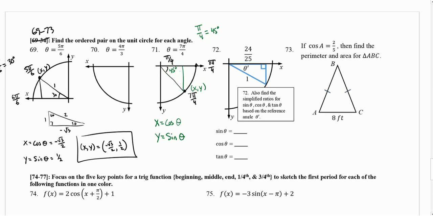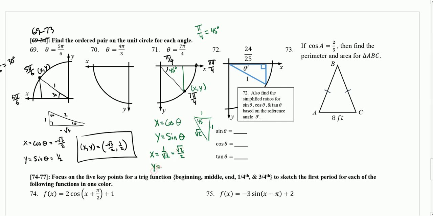So we have a 45, 45, 90. And if we draw our 45, 45, 90, we got side lengths of 1, hypotenuse at root 2, and we're in quadrant 4, so we're going to make our y value negative 1. So our cosine, which is x, is going to be adjacent over hypotenuse, so 1 over root 2, which is, multiply top and bottom by root 2, you get root 2 over 2.